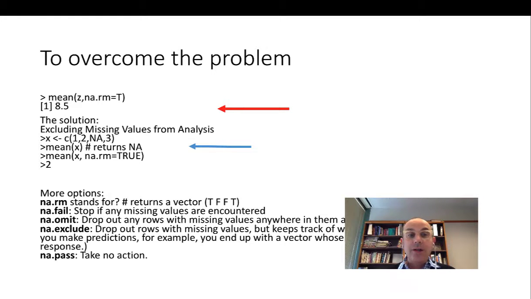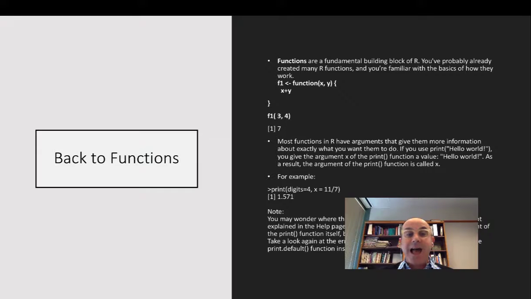So the solution is that we can exclude missing values from our analysis if we want to pursue this type of analysis or this type of recovery for missing values. There are other options, for example na.fail, na.omit, na.exclude, or na.pass, no action taken. So this is the issue when we have missing values.